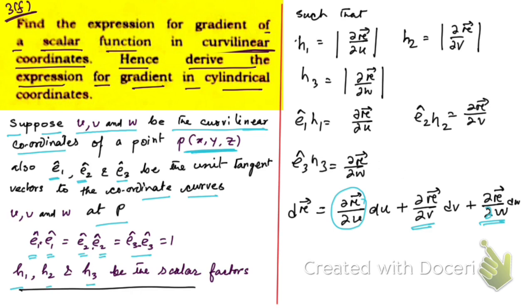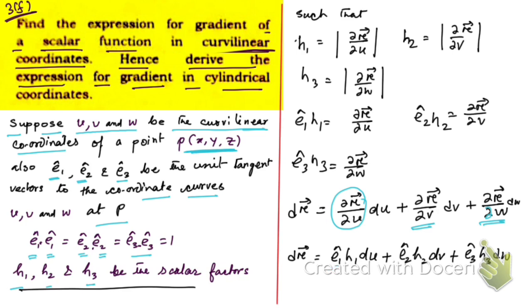So if we use these results here, then we can write dr is equal to e1 cap h1 du plus e2 cap h2 dv plus e3 cap h3 dw. That's what we can write. Okay, hope you have understood this. So this e1, e2 and e3 are unit tangent vectors, right? Hope you have understood this.